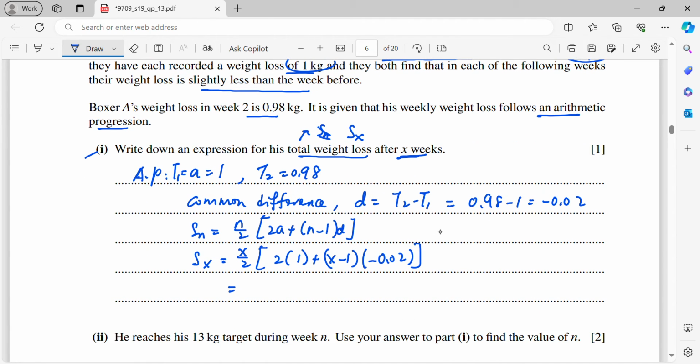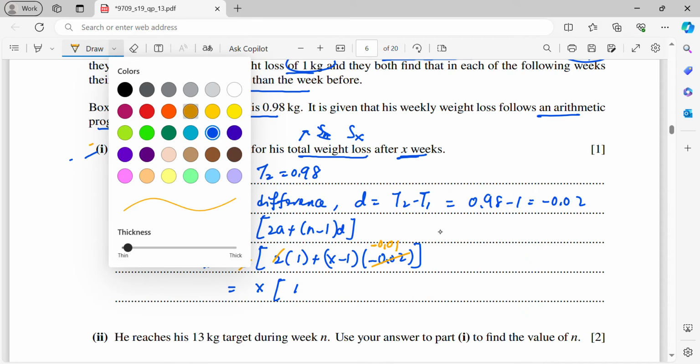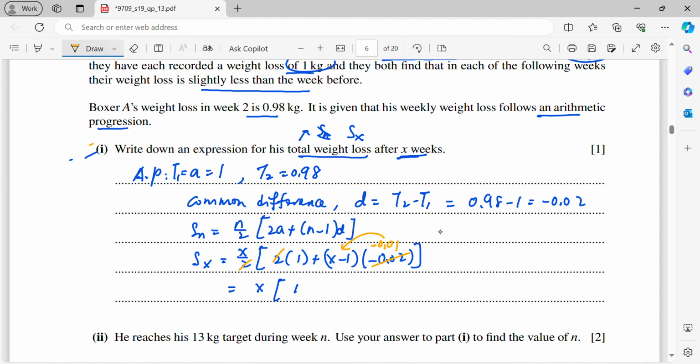Now all of this can be divided by 2, or I could say the 2 can be cancelled off. Here becomes negative 0.01, then I will be getting x times 1. This negative 0.01 you just times into the bracket, then you will get negative 0.01x plus 0.01. Therefore, this is going to be x bracket 1 plus 0.01 is 1.01, minus 0.01x. This is your S(x).